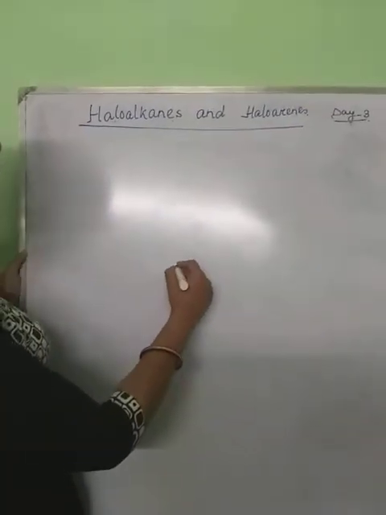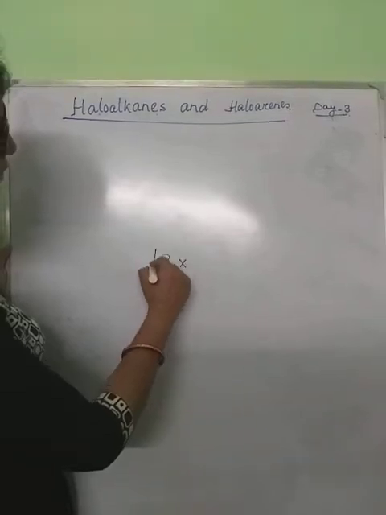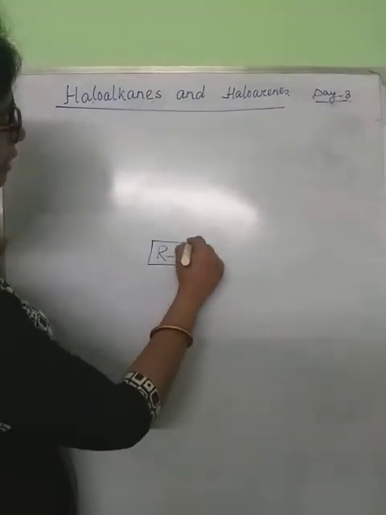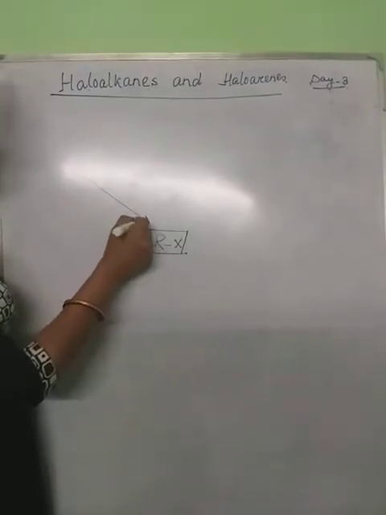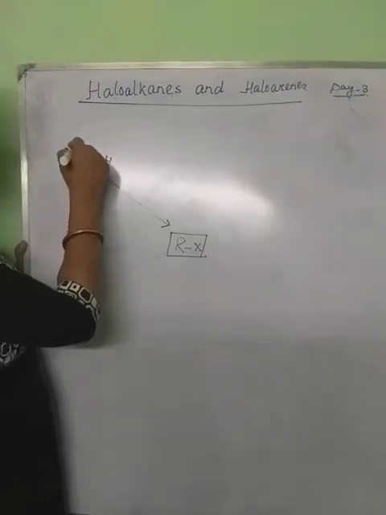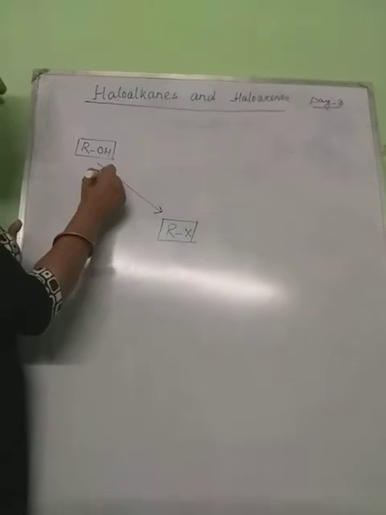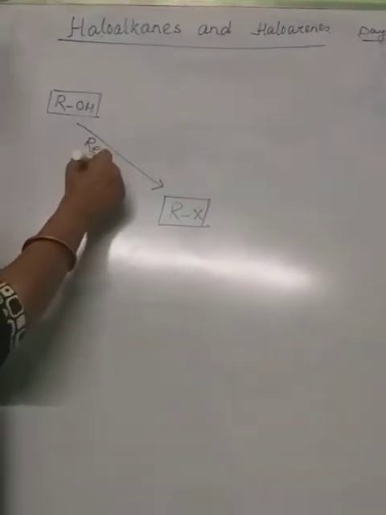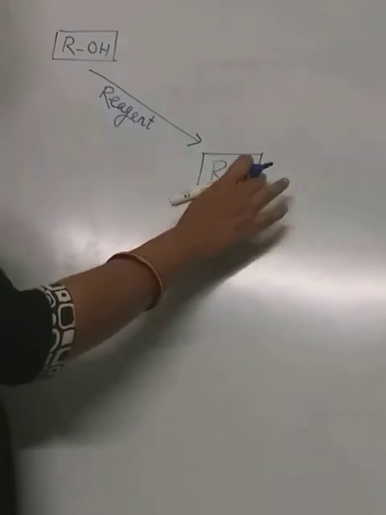One more thing I am telling you: haloalkane, or that is commonly known as RX, is prepared through various sources. One of the most important sources is alcohol. We use a number of reagents to have chlorination or bromination or iodination.